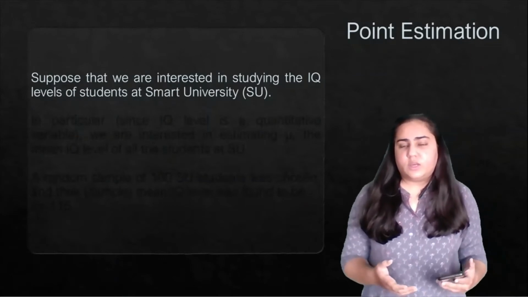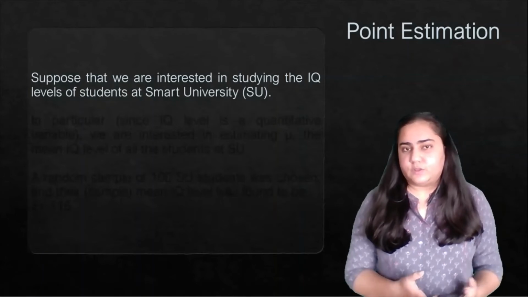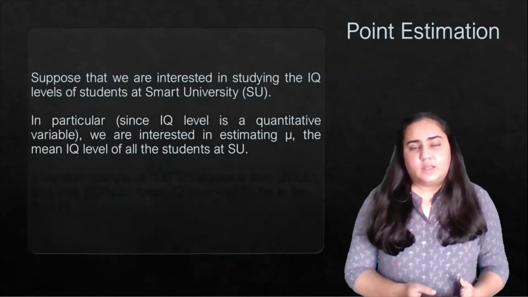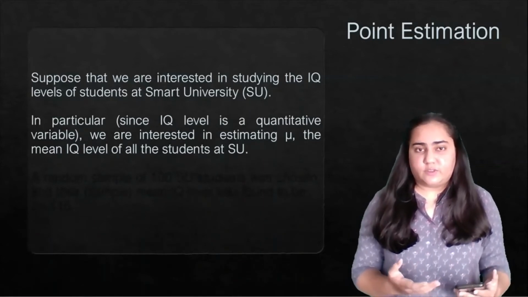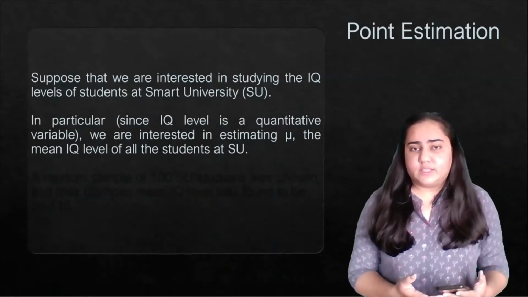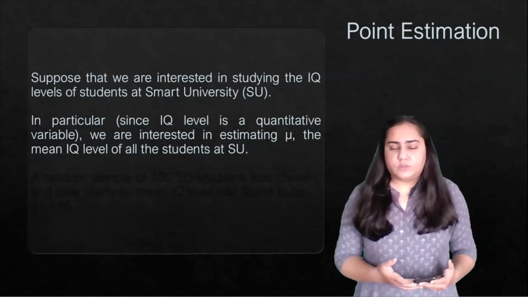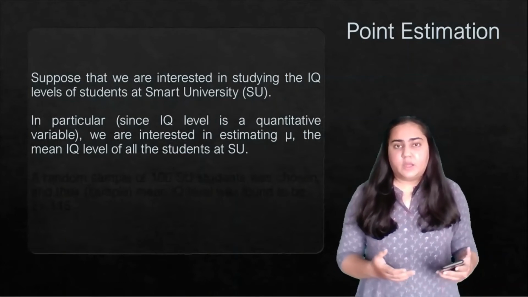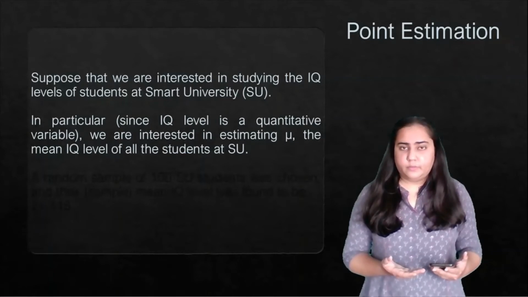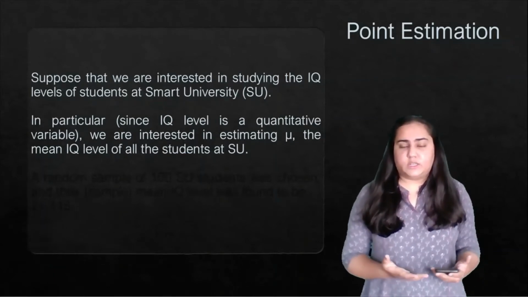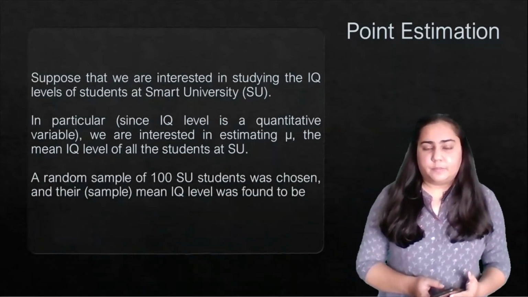Suppose we are interested in studying the IQ levels of students at a university called Smart University. In particular, we are interested in estimating mu, which is the mean IQ level of all the students at this Smart University. Because IQ level is a quantitative variable, because it specifies quantity and not a category, we are talking about mu in this case.